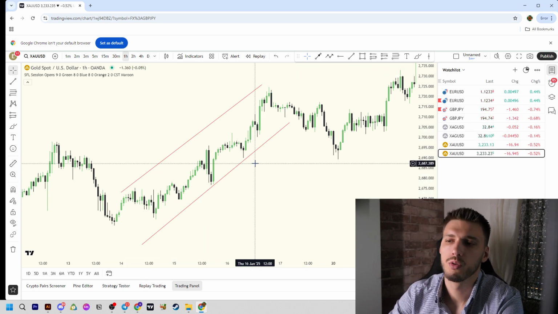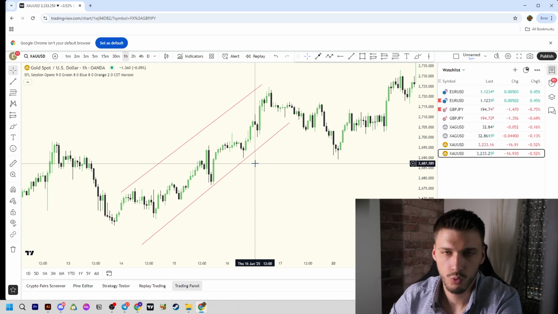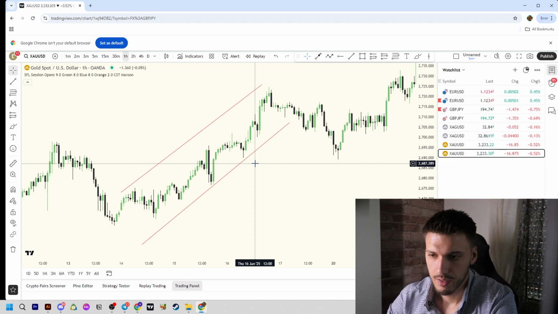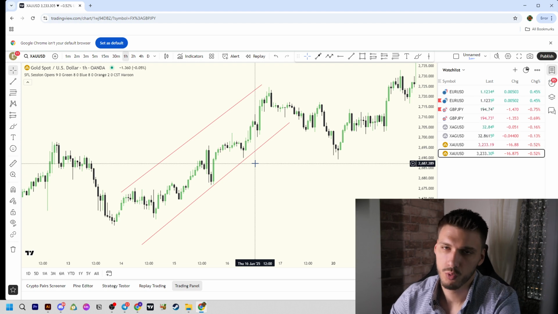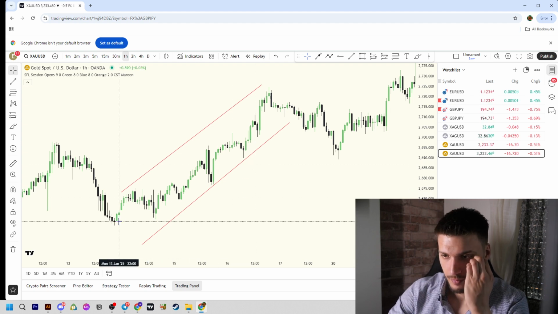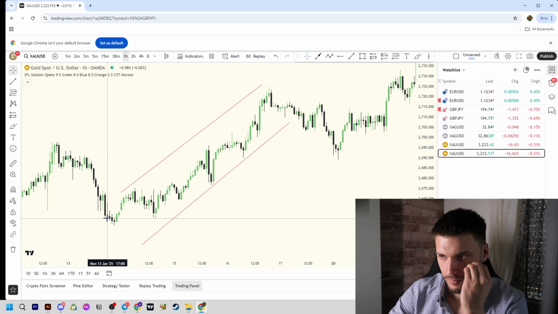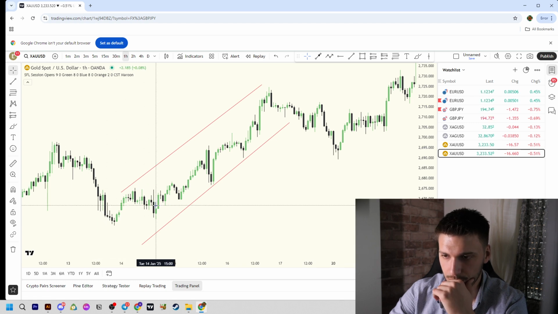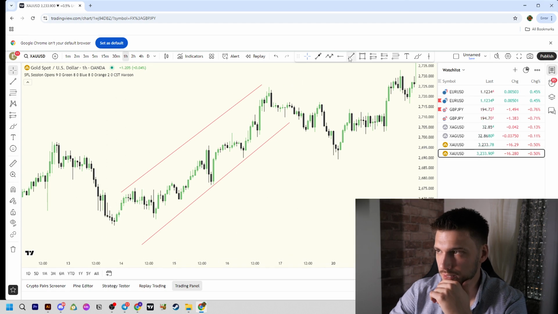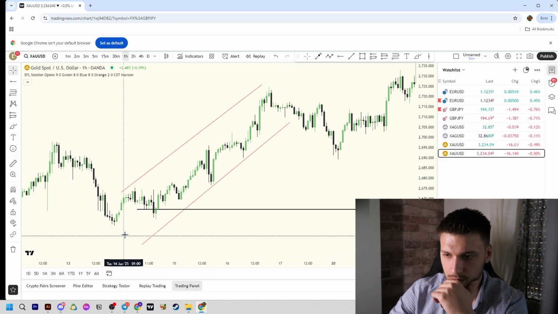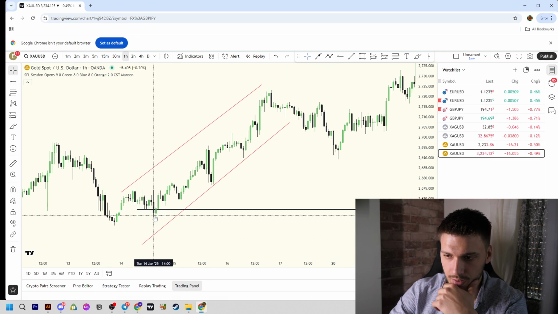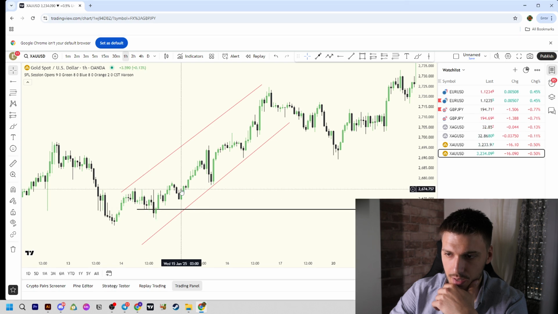But something I can notice here, which you guys will be able to notice as well, is the manipulation or the liquidity sweep. For example, if we see this move like this, the move came up, it came down, it basically swept these lows, the market came out, swept these lows, and moved higher.